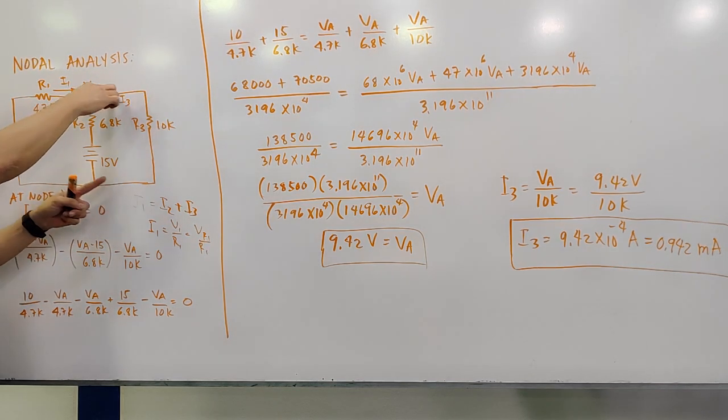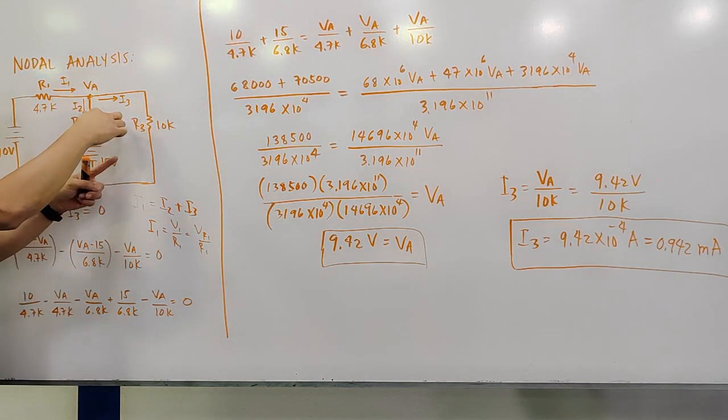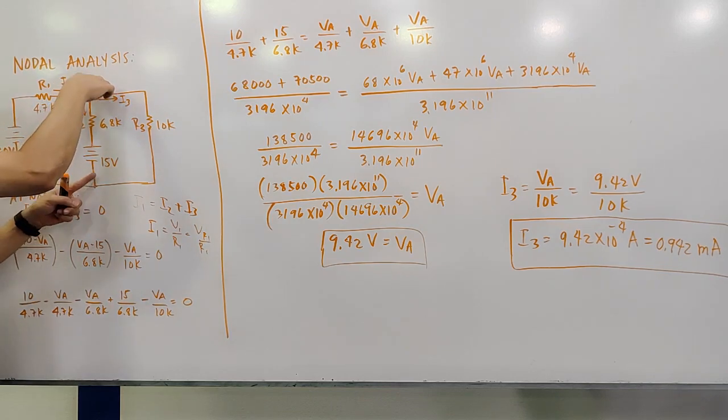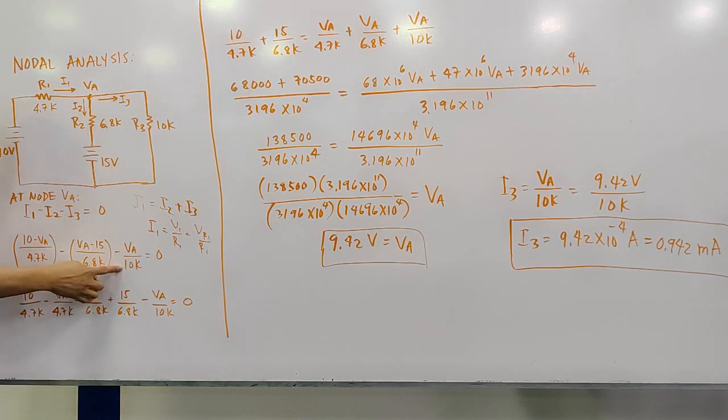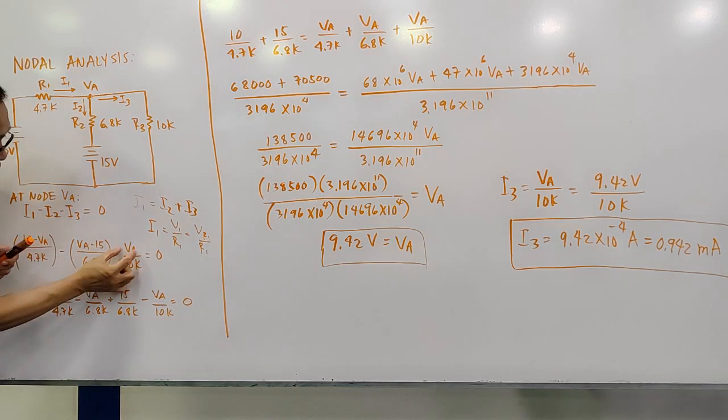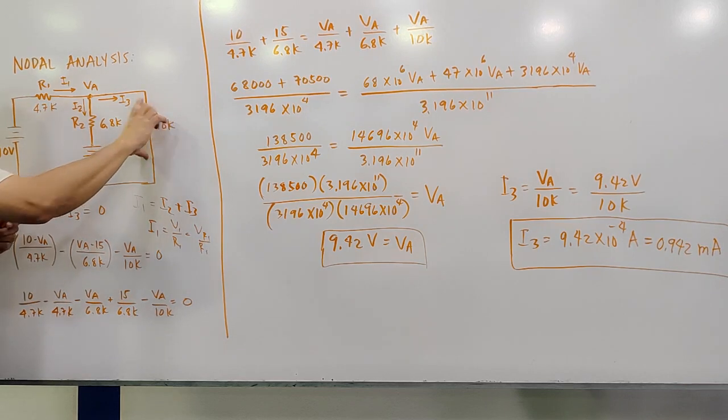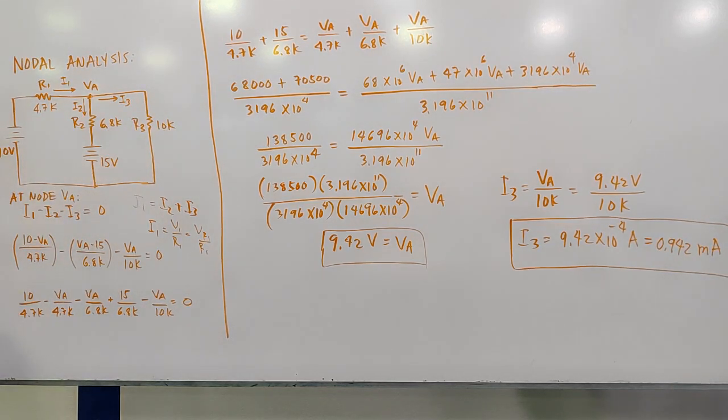It's parallel, that's why VR3 will be the voltage here over this one, or the I3. Because VA is equal to VR3, and that will be equal to 0.